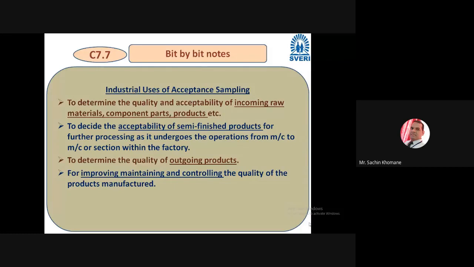So why is this important? Obviously in the quality department it is important, but let us see why it is important. So in industry, this acceptance sampling plays a very important role, and people use it.